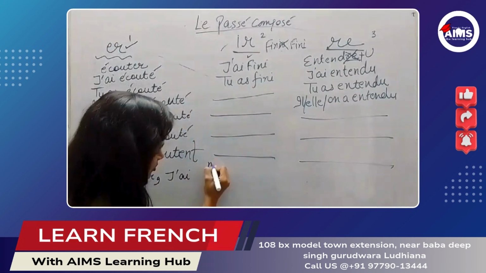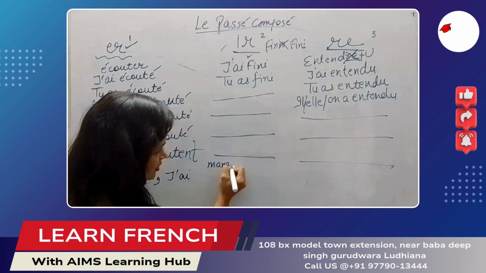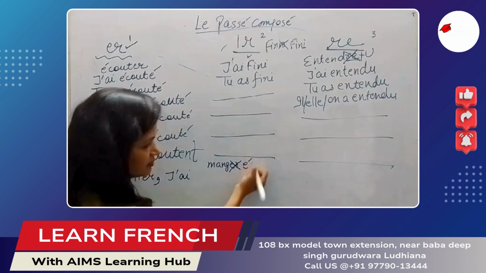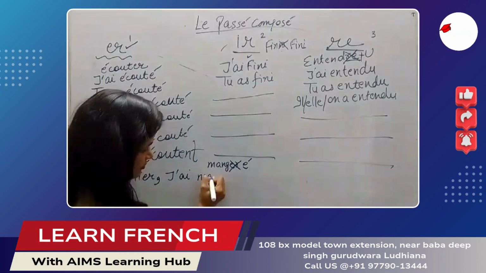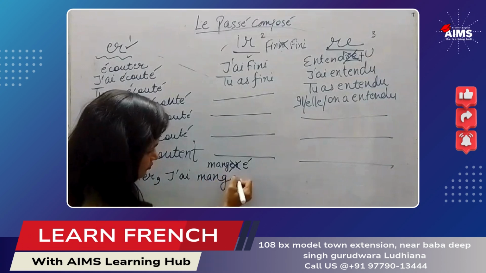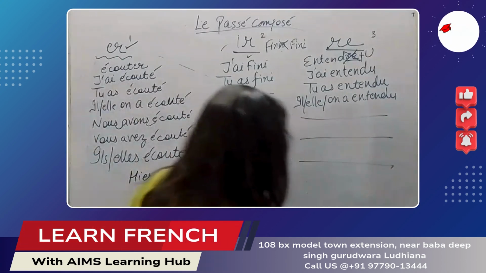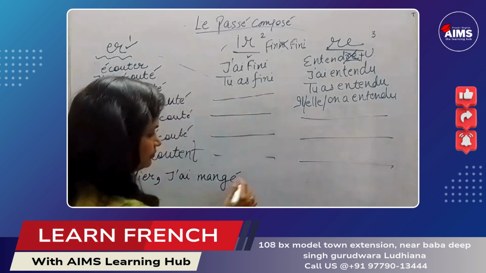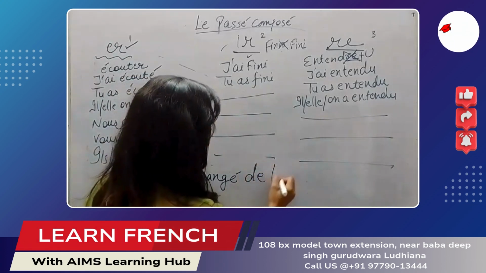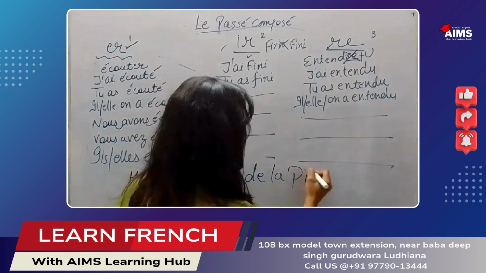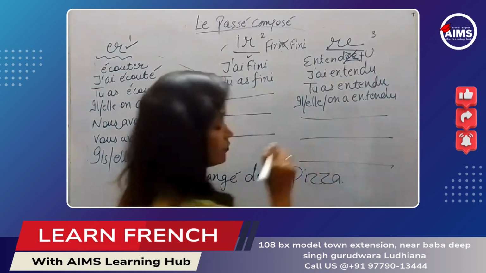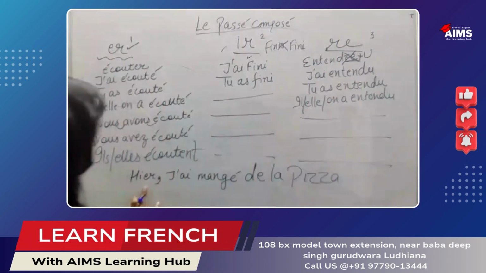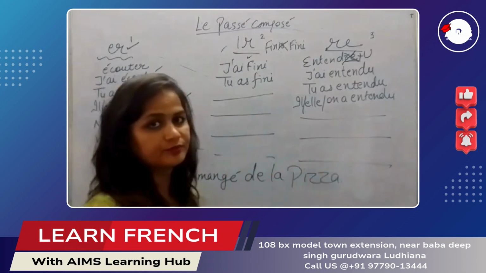So, again, see the formation. Manger, er verb, enlever er, ajouter é. J'ai mangé. Got it? J'ai mangé de la pizza hier. Hier, j'ai mangé de la pizza.